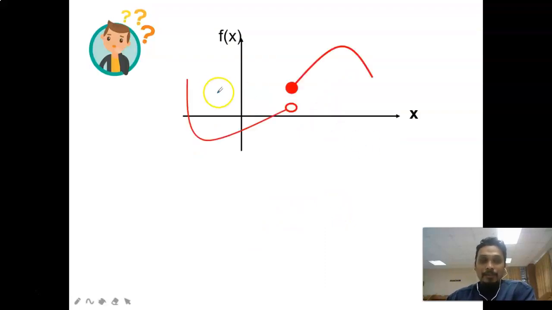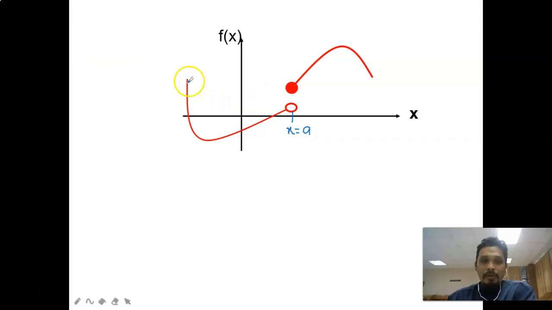And what about this one here now? I begin from here and look at it, it's very smooth until this point. Let's say I make this point x equal to a. From the beginning, everything is smooth until here. Then I need to stop, lift up the pen, and begin again on this point.